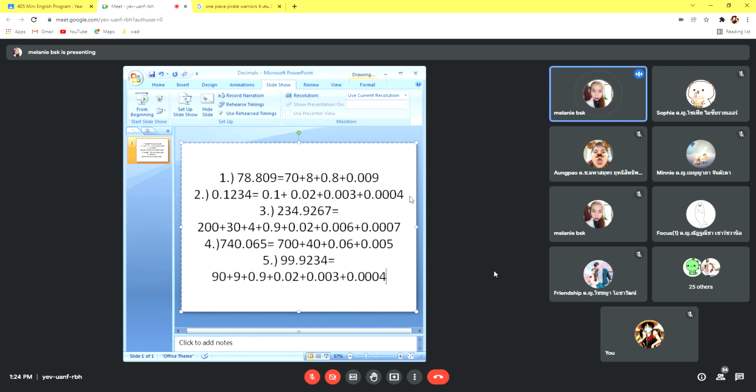Great job, children. Can you follow, children? You see, you just change the numbers into 0 to put that number in its place value. That's why you needed the place value chart, children.